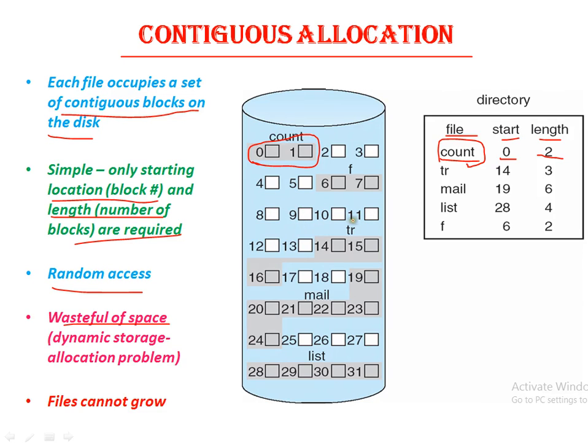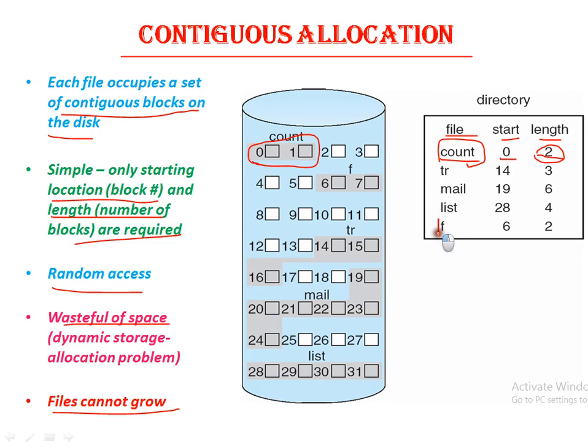If the memory is not contiguous, then I cannot store my file inside the disk. Also files cannot grow, because I am fixing the length at the start itself. Whenever I want to store a file, I should tell the length of that file, and dynamically I cannot increase its size.